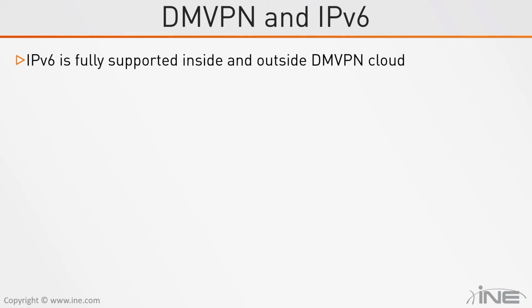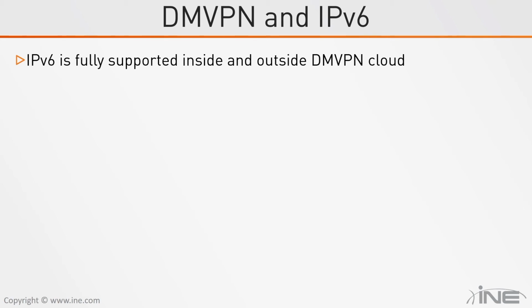And the reason for it is, as we know, based on the fact that DMVPN works by using the GRE protocol for encapsulation, where GRE itself is a multi-protocol tunneling technique that allows you not only to carry IP version 4, but also IP version 6 and possibly other packet types. So this is what eventually is going to allow us to carry not only IP version 4, but also IP version 6 information.